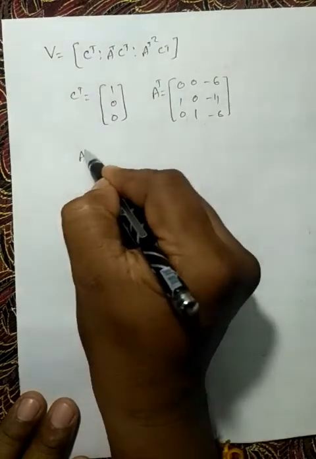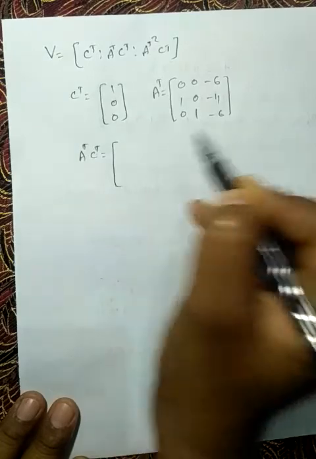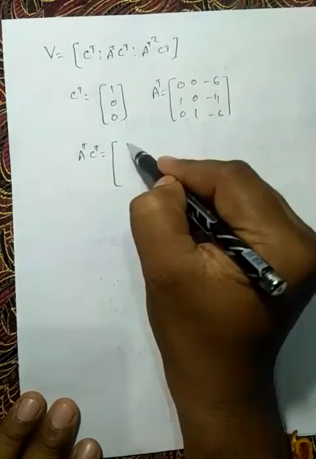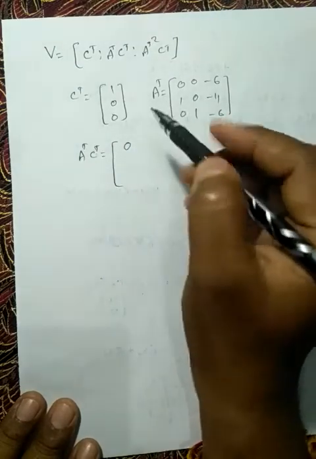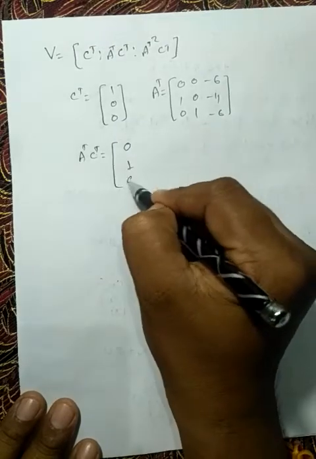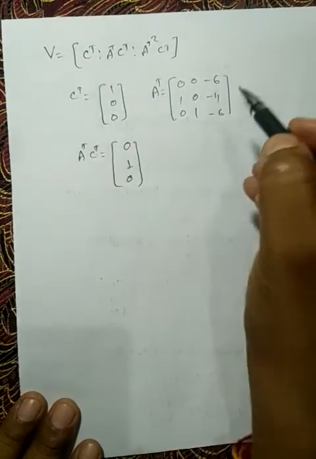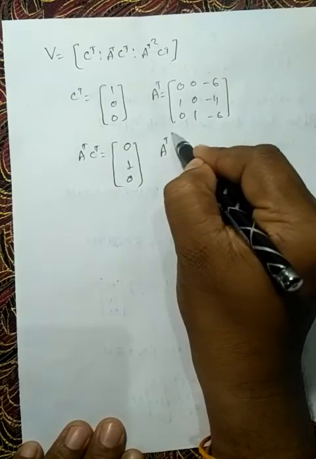ATCT will be 0, here 1 and 0. And AT square CT, so first of all calculate AT square.